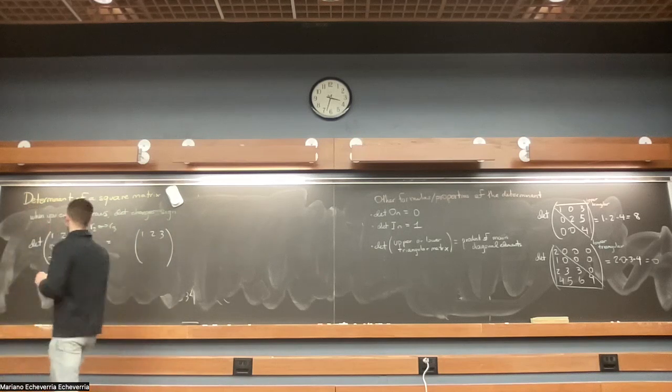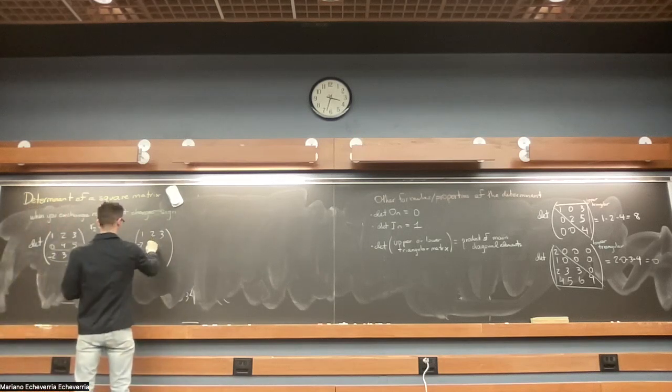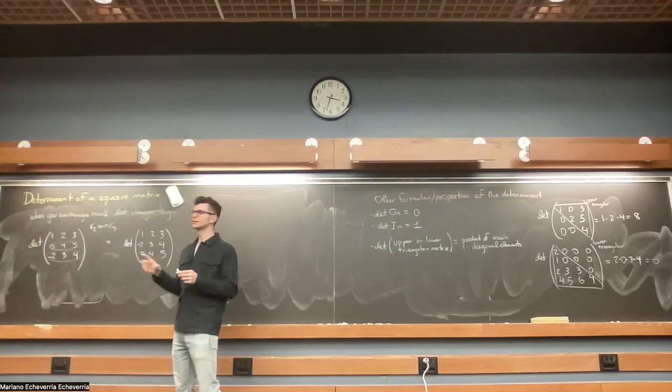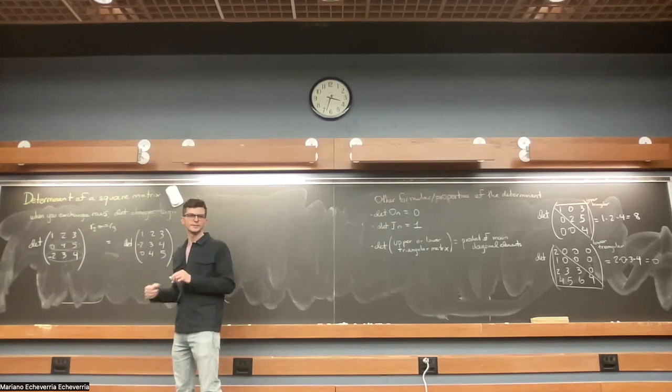Those are the two that I'm changing. So what the formula says is that the determinants are not equal, they just differ by a sign.